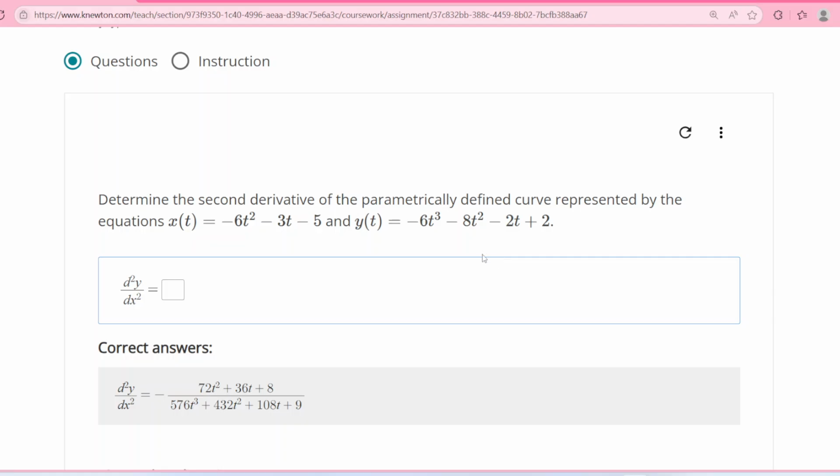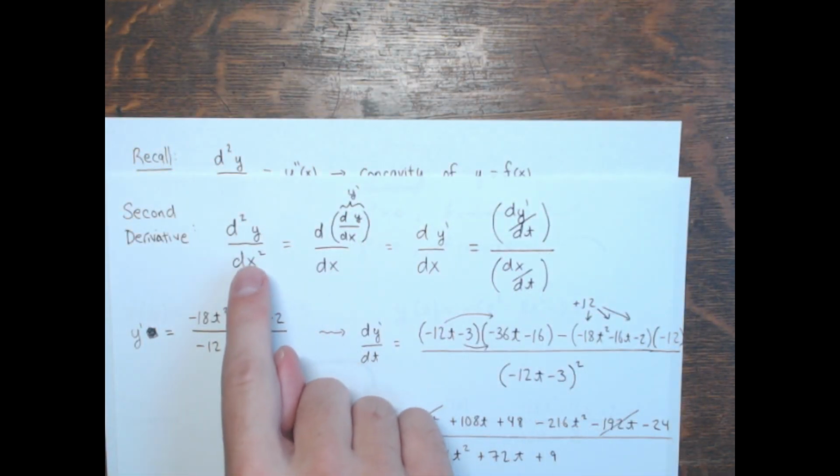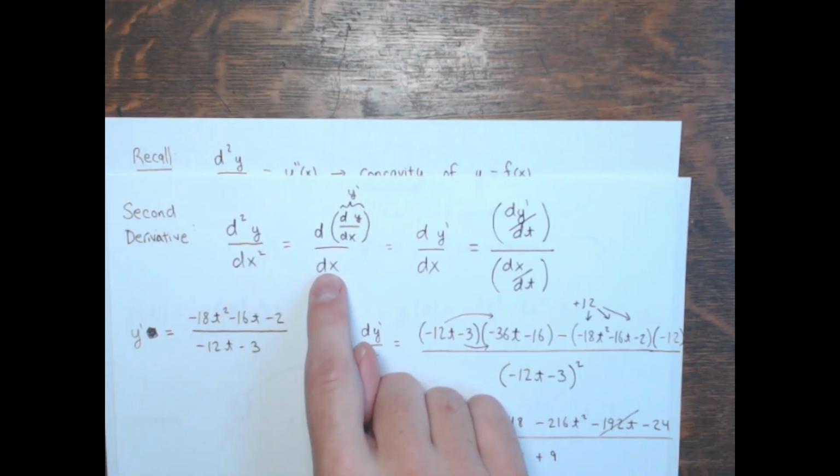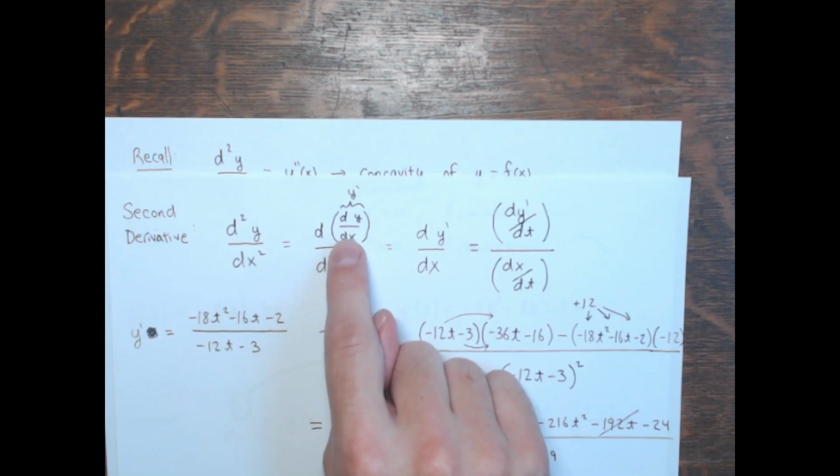All right. So again, a little annoying with the algebra, but the key, and this will come up in other videos, is this right here. If you want the second derivative with respect to x, just think of that as the first derivative of the first derivative. It's the derivative of the derivative.